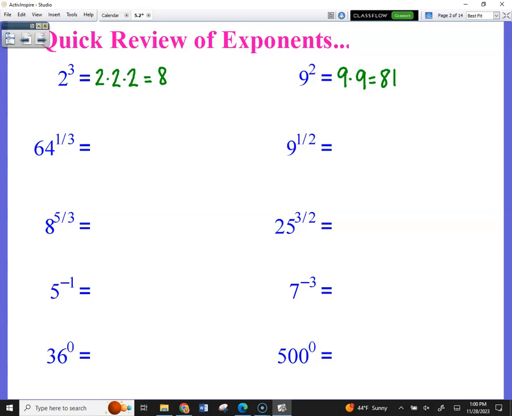Okay, 64 raised to the 1/3 power. First of all, I cannot stand when it's written like that. I like to write it in a vertical orientation because then I can actually see this is in the top, this is in the bottom. It is definitely up in the exponent's place. I want you to evaluate this by hand, by rewriting it in radical form.